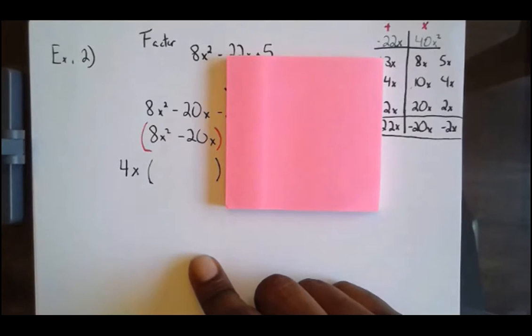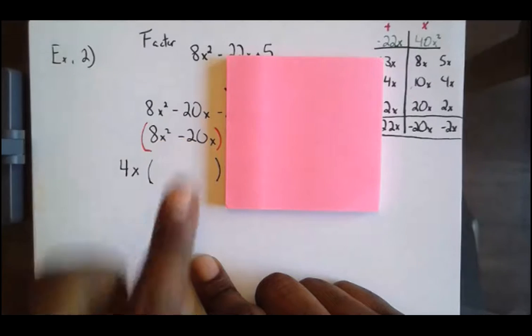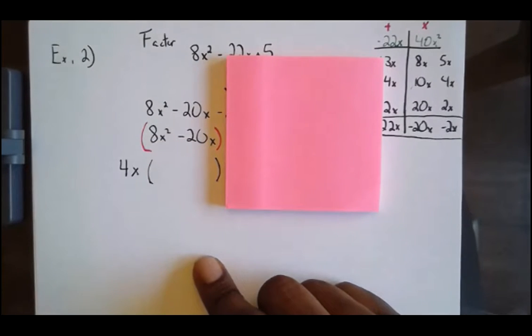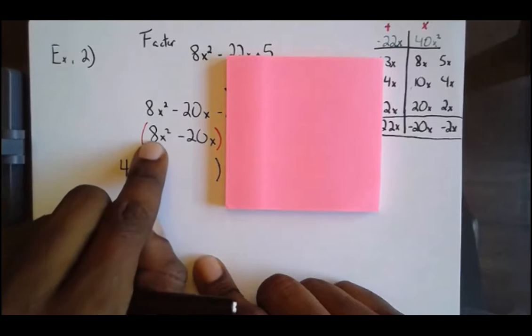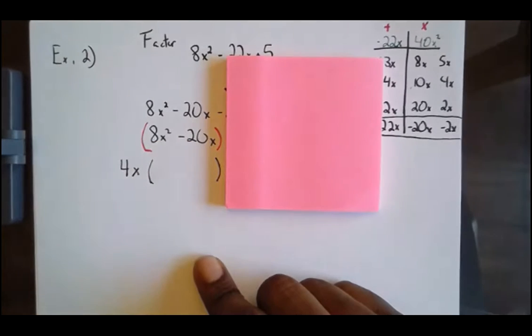One thing that's going to help you do this, remember: 4 times what is 8, 4 times what is 20. The first number is positive, the second number is negative. So just do it that way. It'll always be easy. 2 and 5, right?